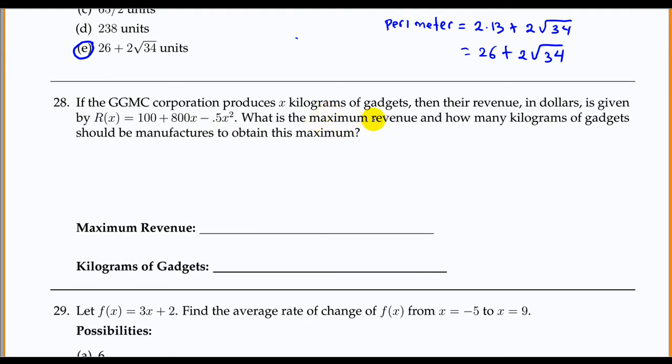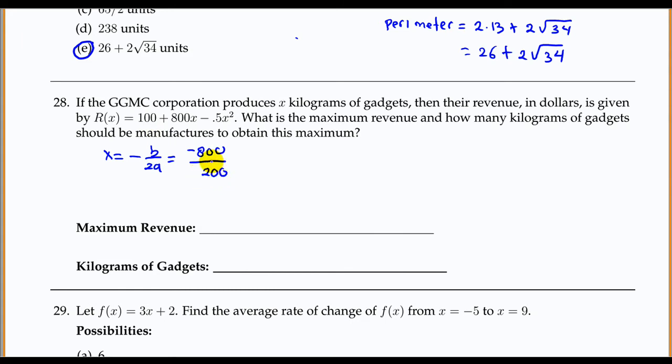So finding a maximum revenue is the same thing as finding the y coordinate of the vertex. So basically this problem is about finding a vertex. So the x coordinate of the vertex is minus b over 2a, minus 800 divided by 2 times 100, 200.